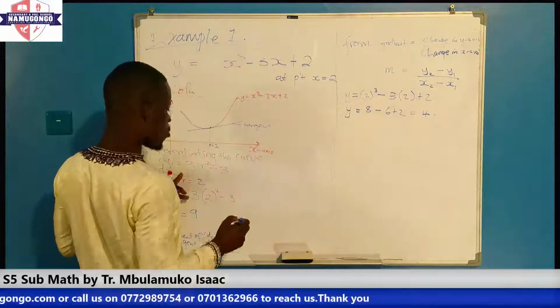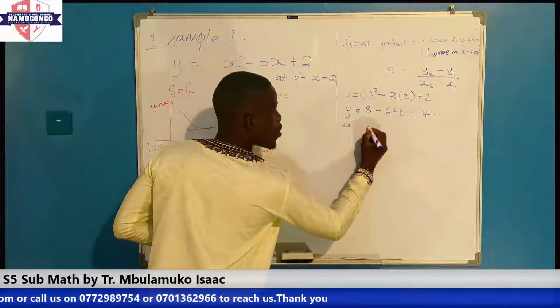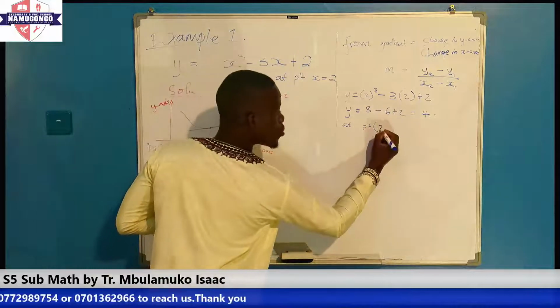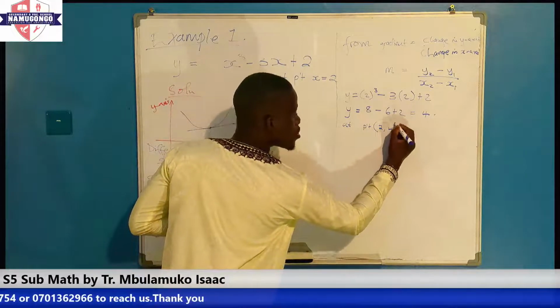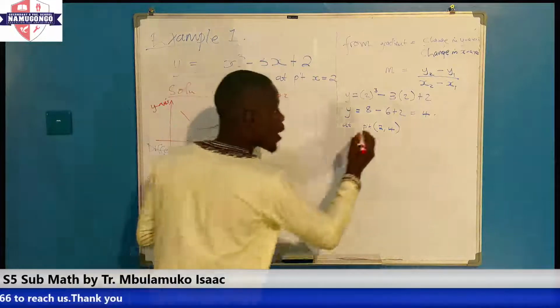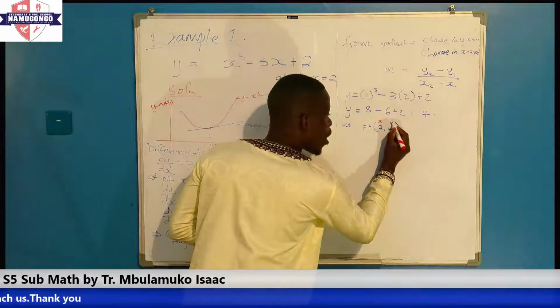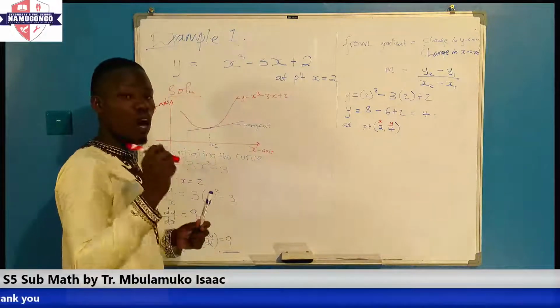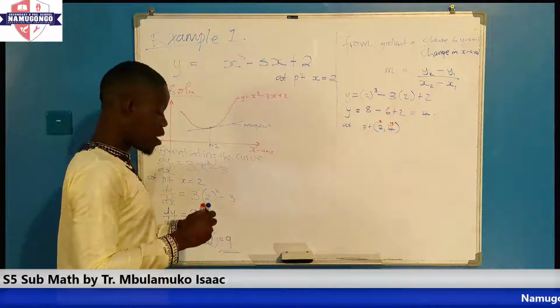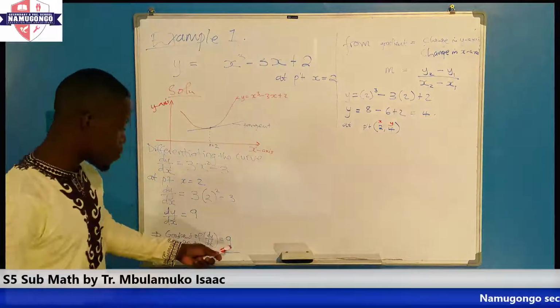And at this point, therefore, the point is the x value we already know is 2, comma, the y value is 4. So meaning we shall now have our x and our y. These are the points we are looking for to use in this gradient formula. So in our gradient formula we have the gradient.